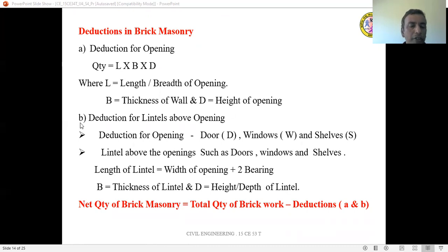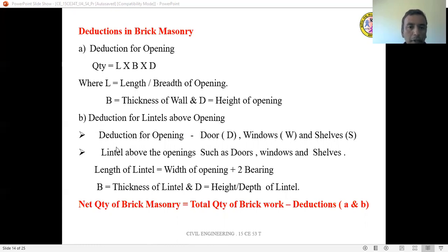In the second case, you also have to deduct for the lintel above the opening, because lintels are made by concrete material. It is different from brickwork material. That's why you have to deduct the quantity of RCC from the wall.